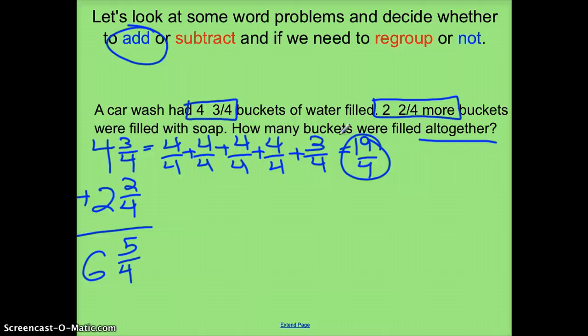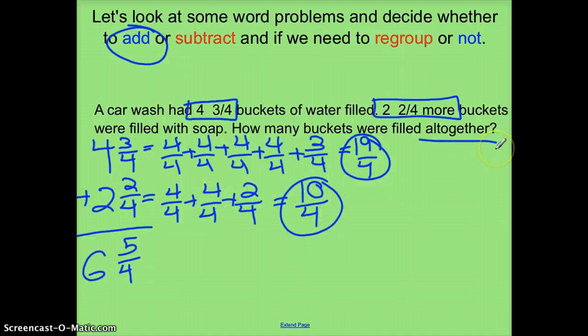Save that for later. 4/4 again, 2 times, plus 2/4. 2 wholes and 2/4 equals 4 plus 4 is 8 plus 2 is 10/4.